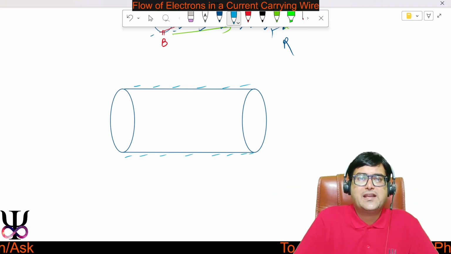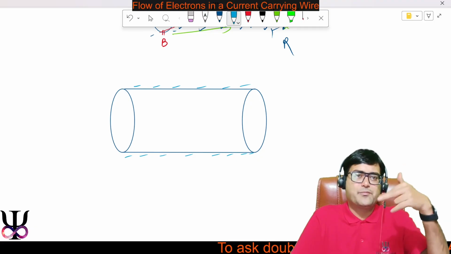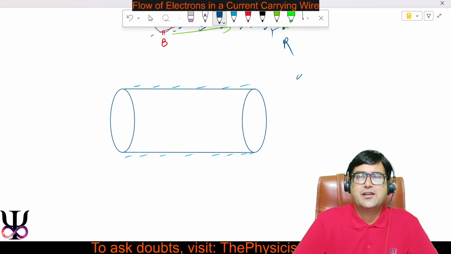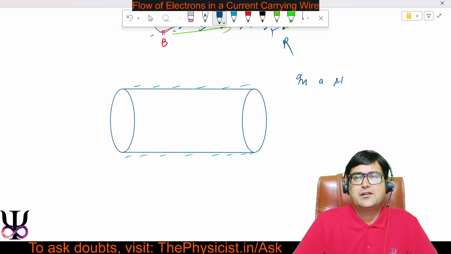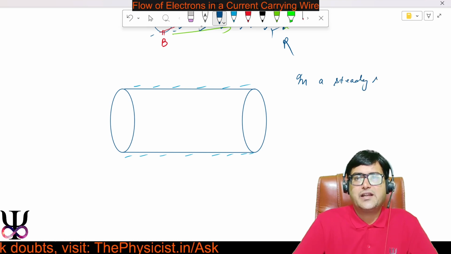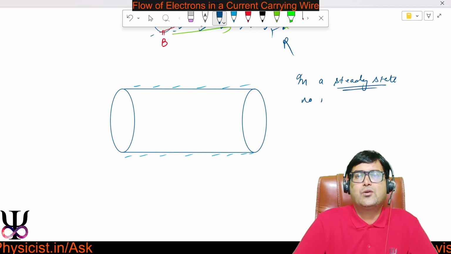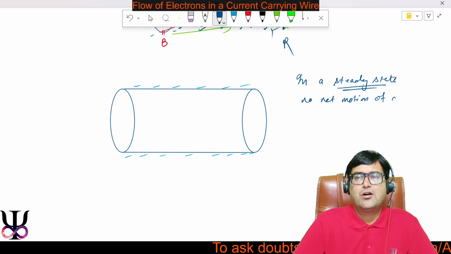So in that case, this distribution will be uniform, and we know that in a steady state, and when I say steady state, it means no net motion of charges, right?